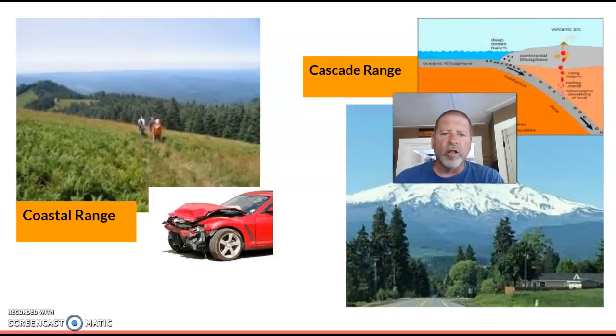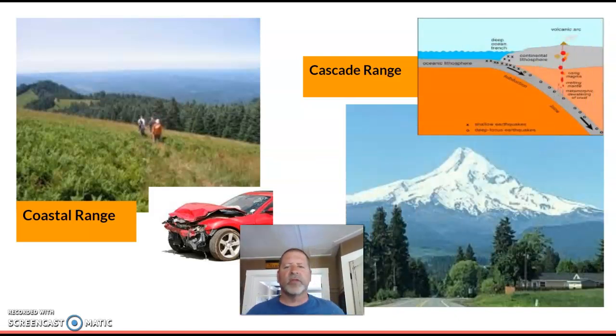Our whole geology and geography, everything depends on our relationship with the plate off of the ocean's crust. If you look here on the left, you'll see the Cascade Range, which is kind of a crumple zone. It's right where we meet the plate and causes a smoosh up. There's no volcanoes in the coastal range.